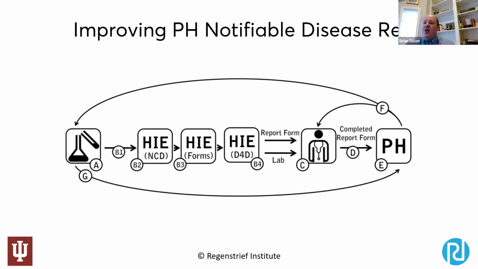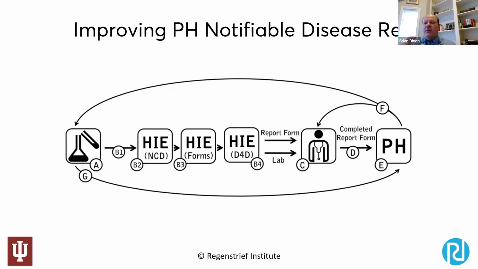The middle box would generate a form that physicians are supposed to fill out, because our laws are such that physicians have to report information to the health department. We want to try to automate that and support electronic delivery of that information. And then the third HIE box stands for Docs, which I'll talk about, but that's a platform that physicians use to receive information and take action on it.